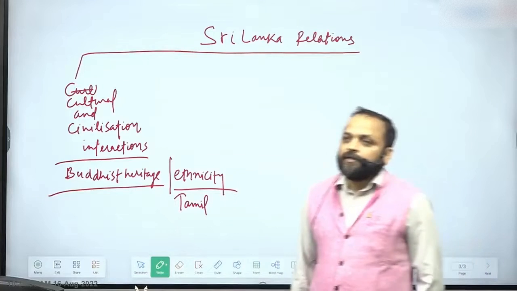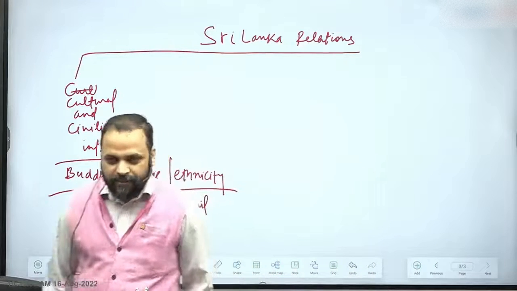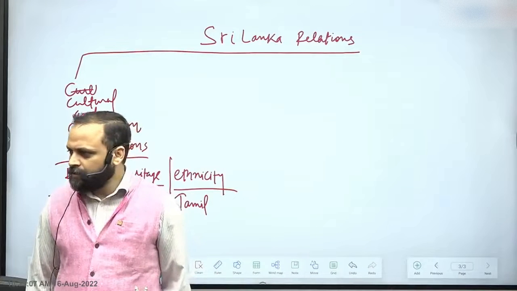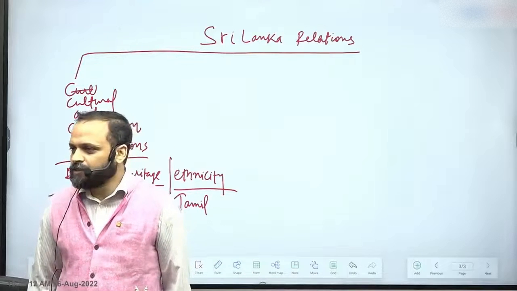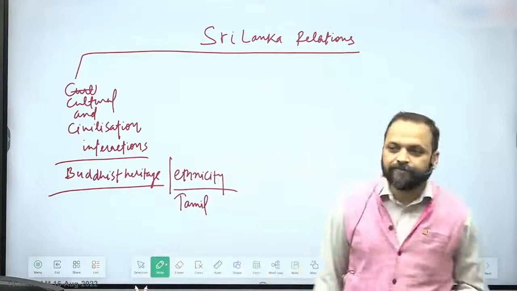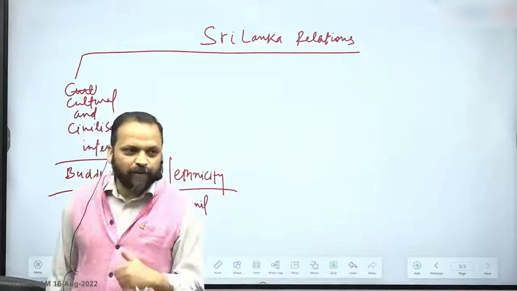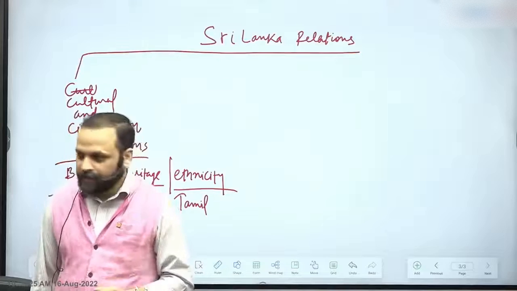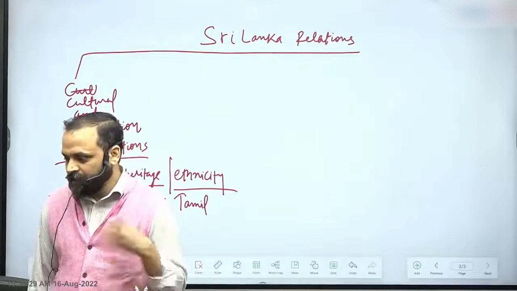Even the largest ethnic community in Sri Lanka, which is the Sinhala community, also shares a commonality with India, right? Many people would say that the Sinhala language has much in common with Sanskrit, or some theories are that the Sinhala people originated from somewhere in Odisha, all right, or at least they have ethnic linkages with India.